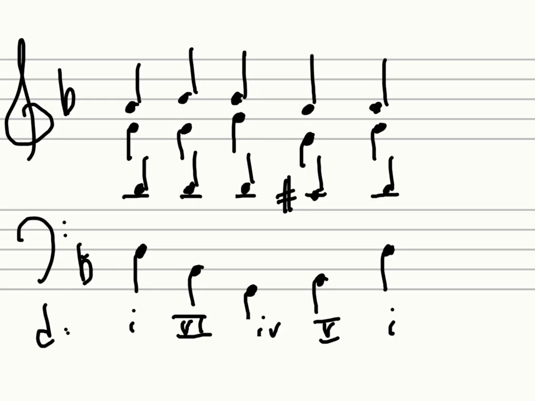In this particular case, in D minor, we're showing 3 of these descending thirds, from 1 to 6 to 4 in the minor mode, before moving on to 5 and 1. It sounds like this.